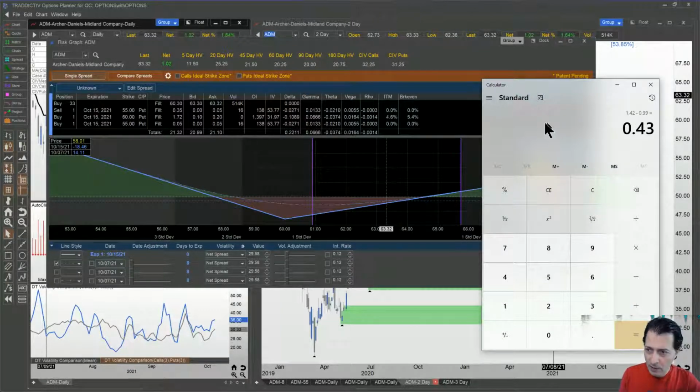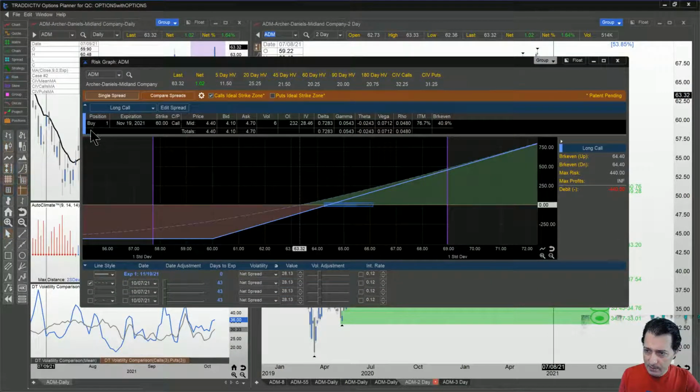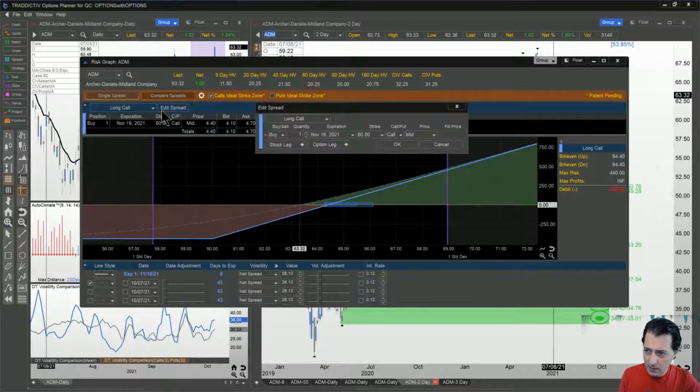So in other words, another way to simulate my trade is to bring in another risk graph, which is being long the 60 put at 43 cents.